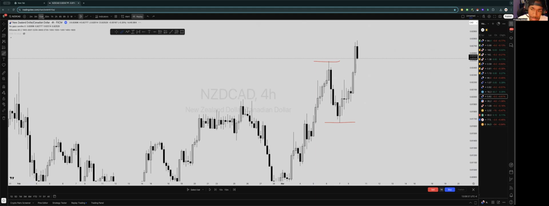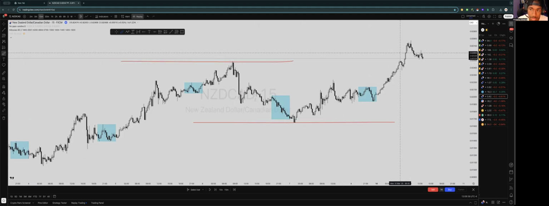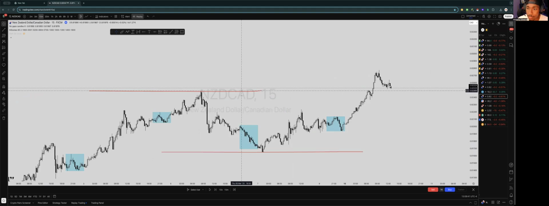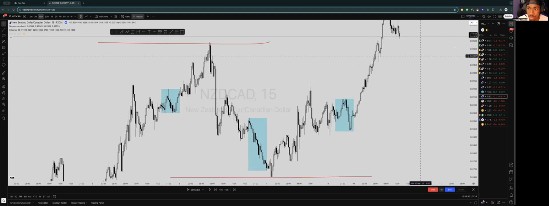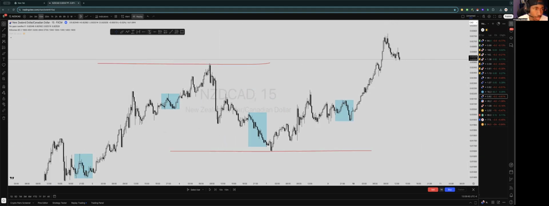So if we drop down to the 15-minute time frame, I'll add that this is a 4 hour low, and since price did close above this structure point, this is the 4 hour high.